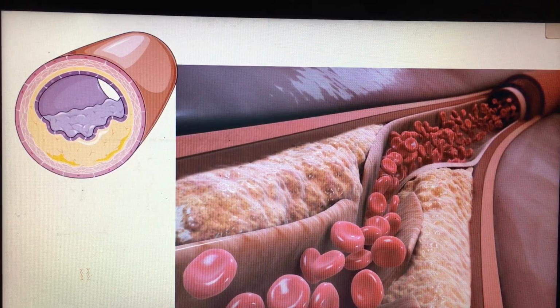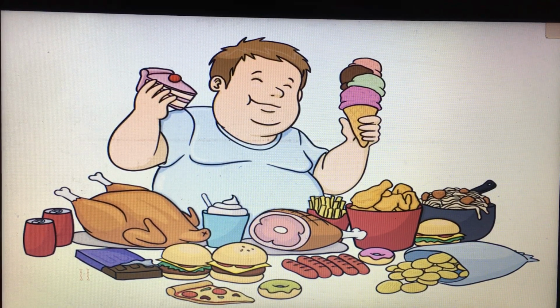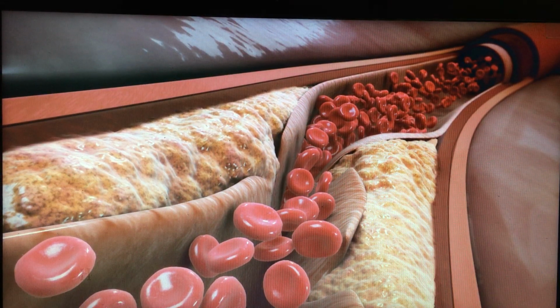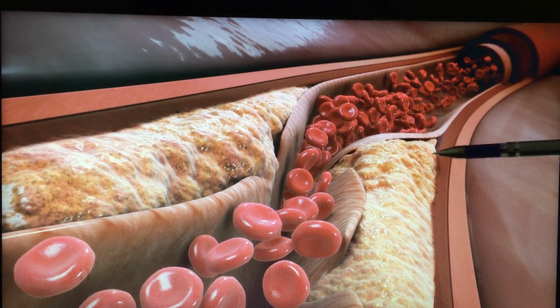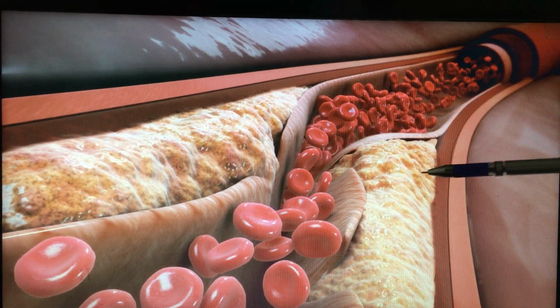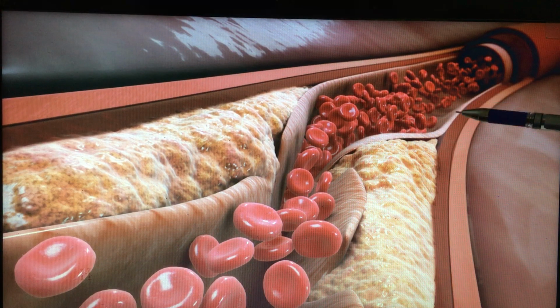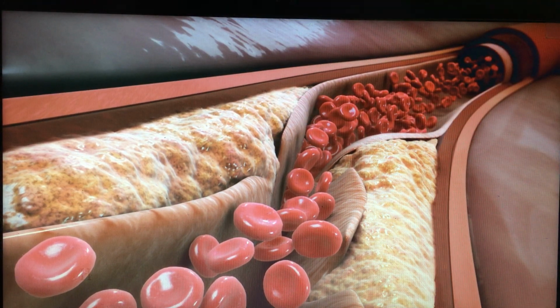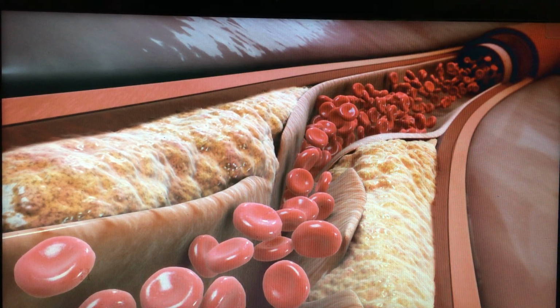So, if you eat too much fat, the tubes, which are arteries and veins in the heart, become blocked. So, look here, we have fat. Because this person ate fatty foods, in his tubes there is many fats.